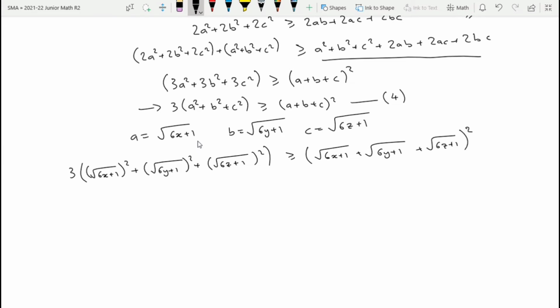So we got this by just replacing a in inequality 4, that we know is true, with square root of 6x plus 1, replacing b and c with their corresponding values.